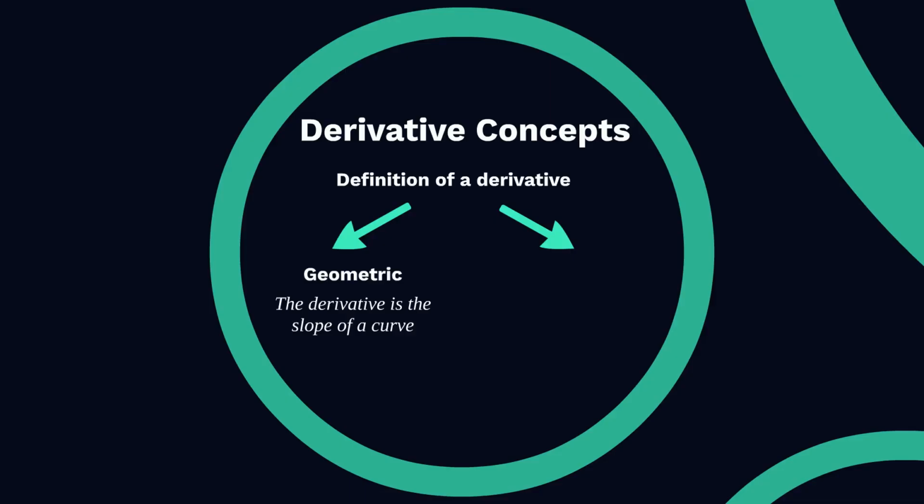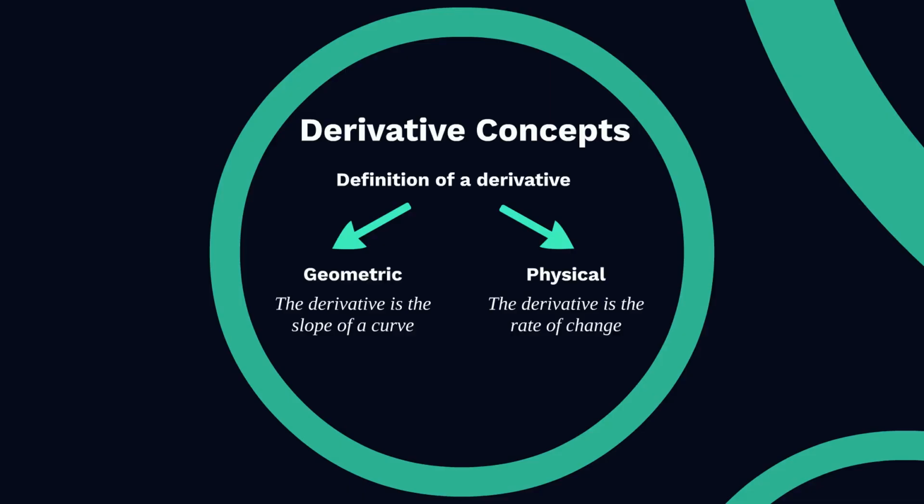And that kind of lends itself to the other concept, and that is a physical concept where the derivative is the rate of change. So often this is how you would look at it from perhaps a physics perspective. If you had an equation describing the displacement of an object, if you took the derivative, you would get the velocity. So the velocity is going to describe how quickly an object's position is changing.